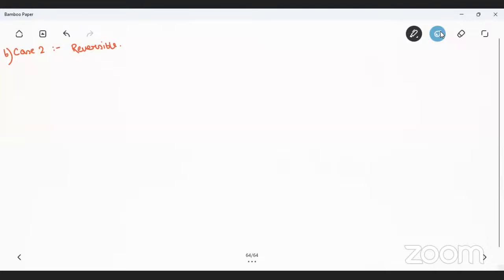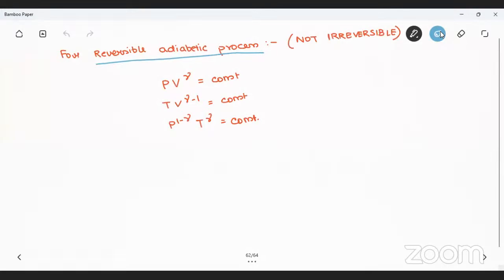No. The final temperature is not given even for the reversible process. In your reversible process, we have derived 3 formulas, right? We will be using either of these formulas to calculate this final temperature.